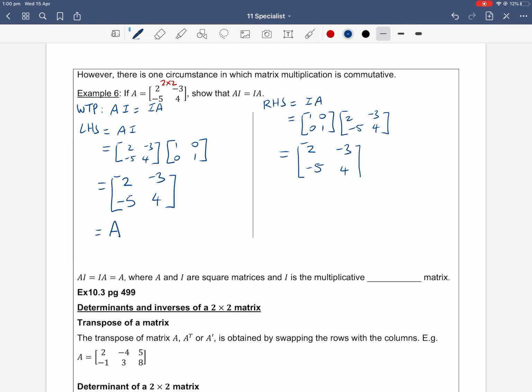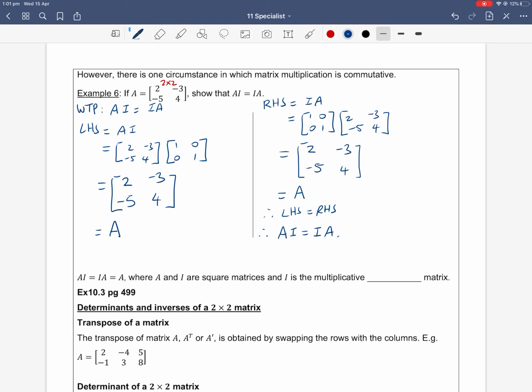And row 2, column 2 gives me a 4. And lo and behold, that's exactly the same as the original matrix A. So therefore, left-hand side equals right-hand side. So we finish our proof by saying, therefore, AI equals IA, given that our A matrix was that there.